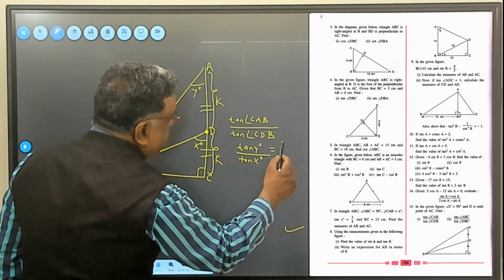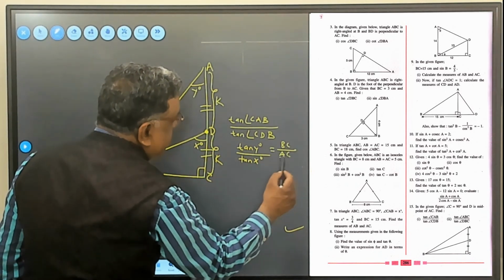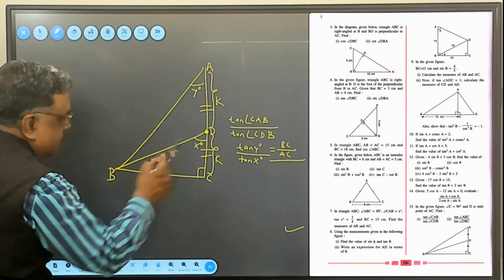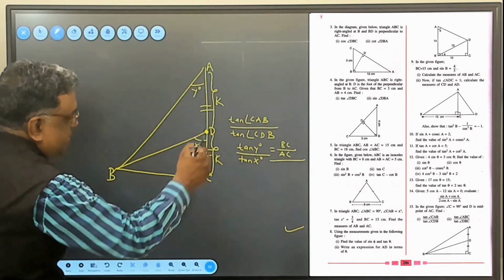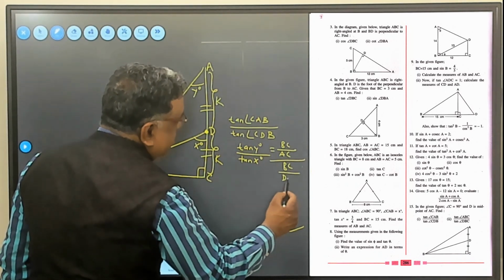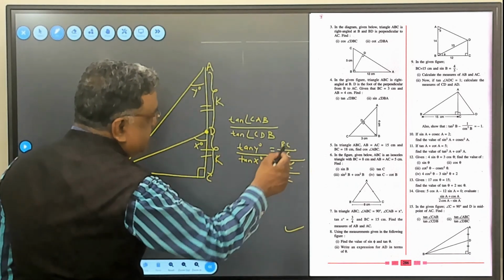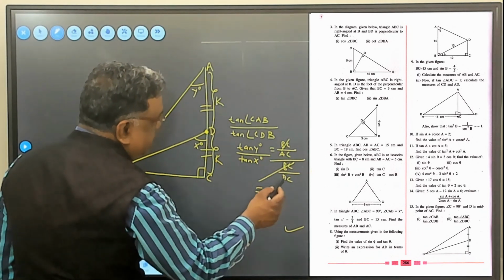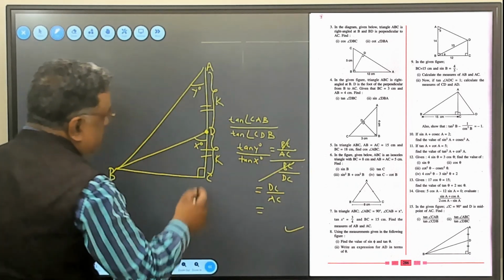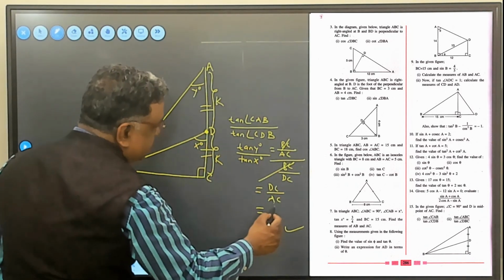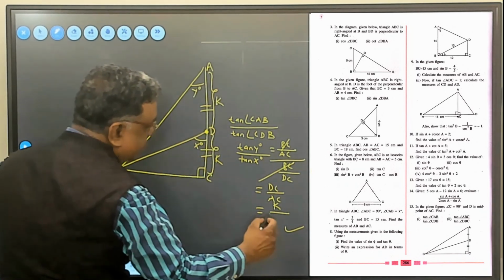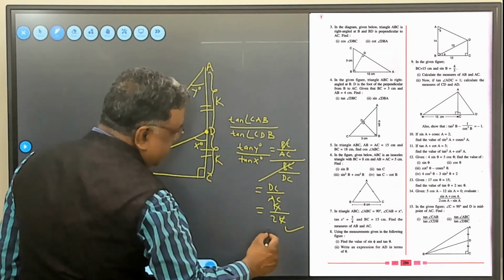And tan x I can write in this right angle triangle as BC upon DC. Correct? So this BC and this BC will get cancelled, and now this DC will go up, DC upon AC. So what is DC? DC is k, we had assumed. And what is AC? AC is k plus k, 2k. k gets cancelled. Answer is half.